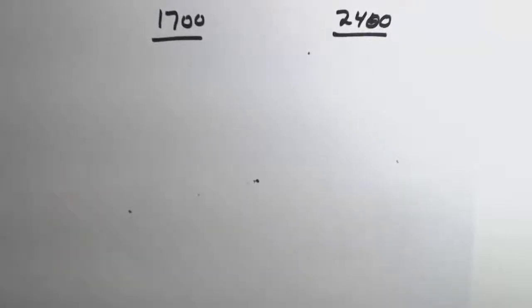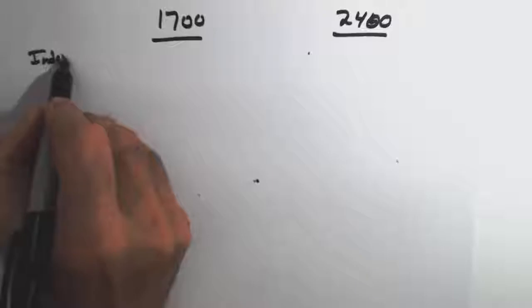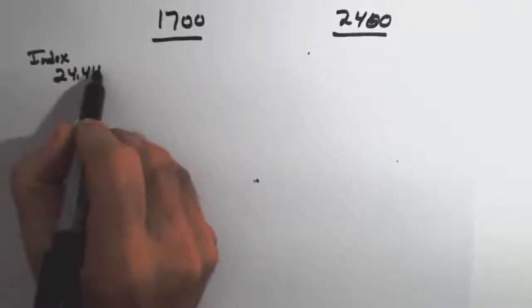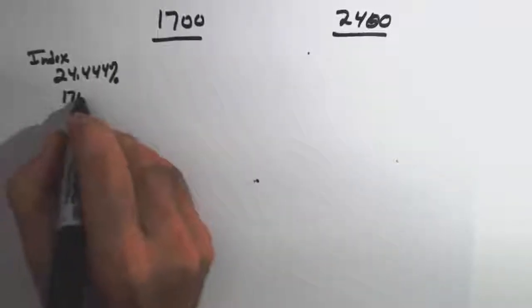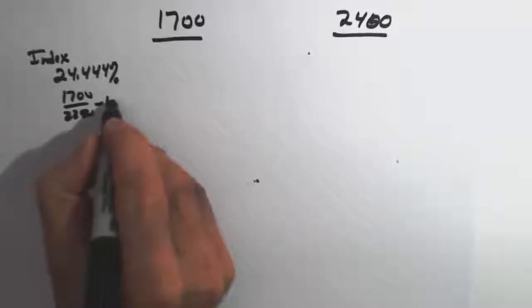So recall in our previous analysis, the index fell 24.444%. That was the 1700 divided by 2250 minus 1.